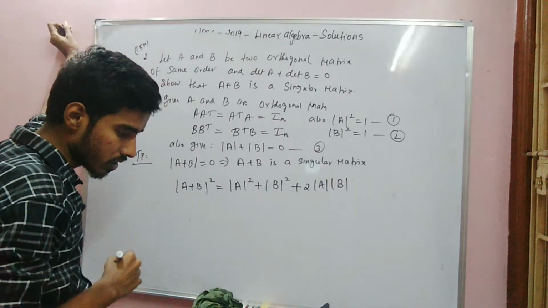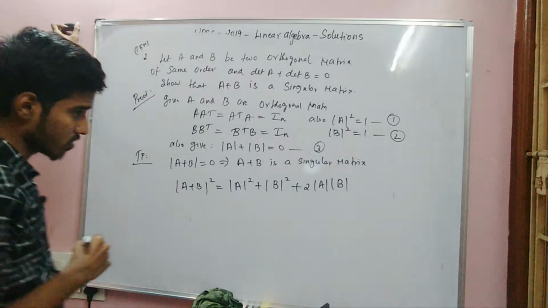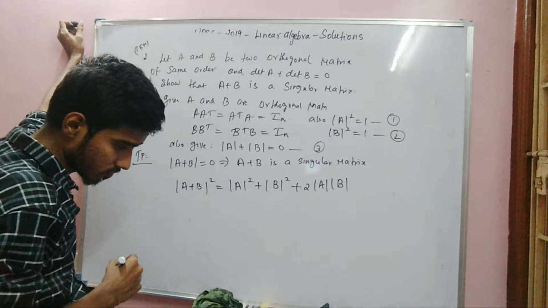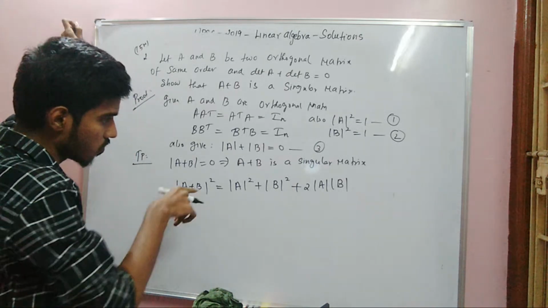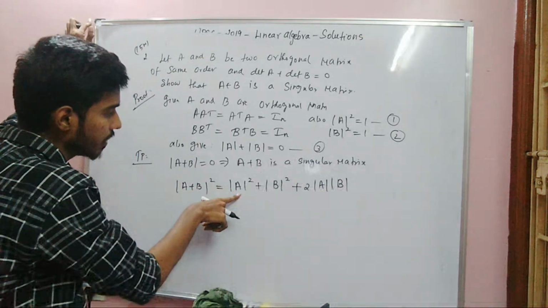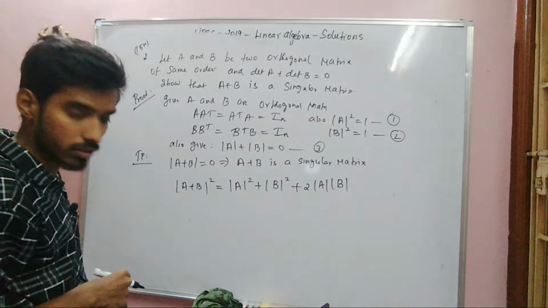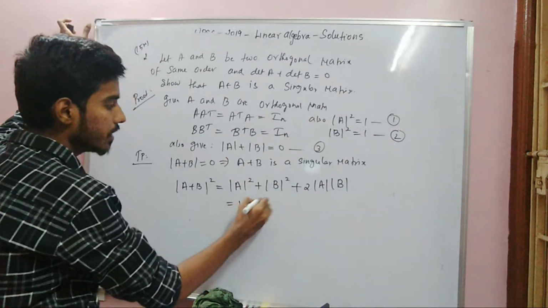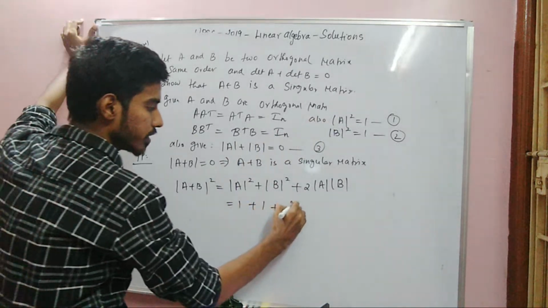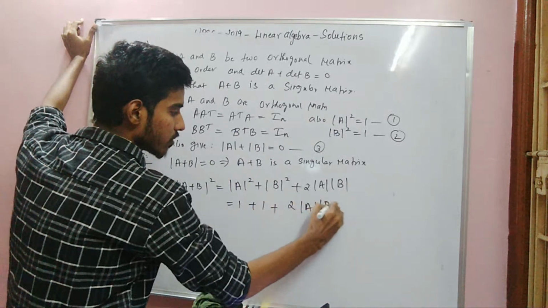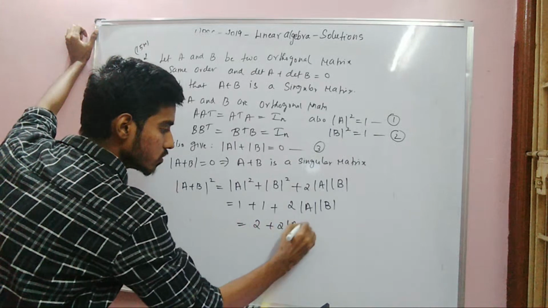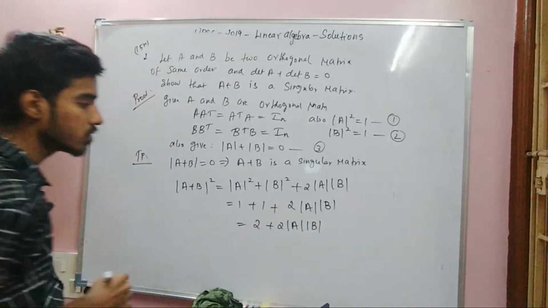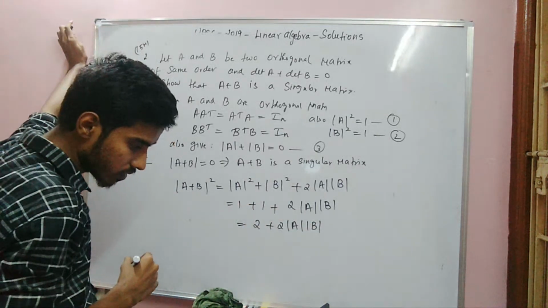Now determinant of A square value is 1 and determinant of B square value is also 1. So we have 2 plus 2 into determinant of A into determinant of B.